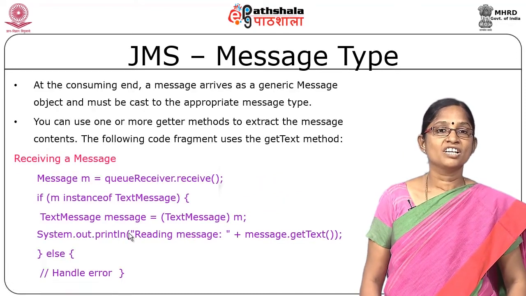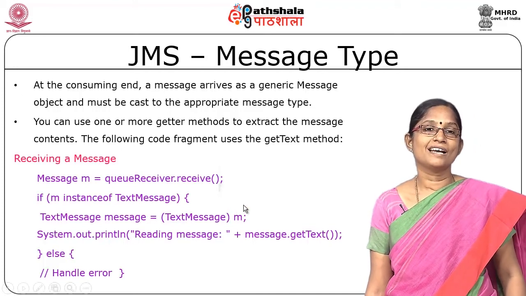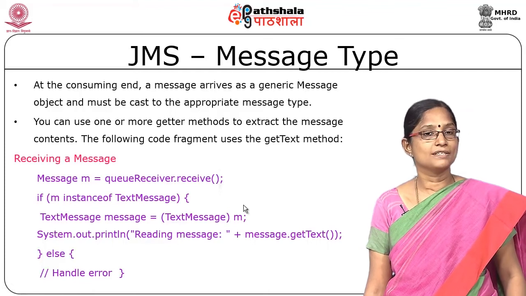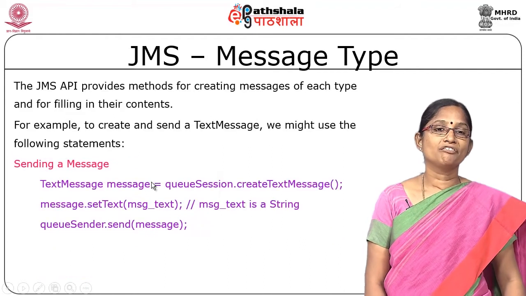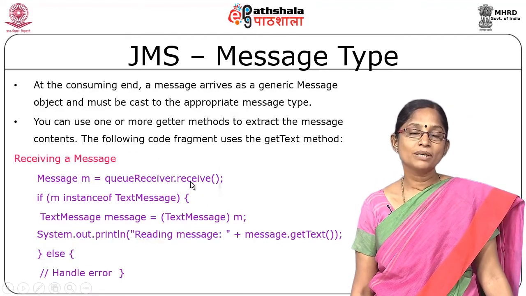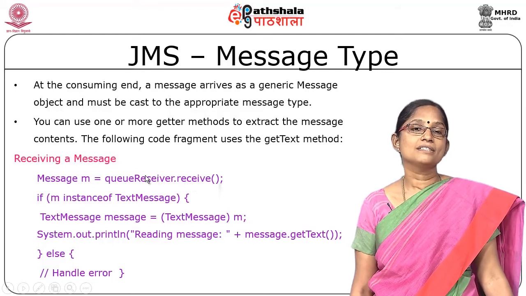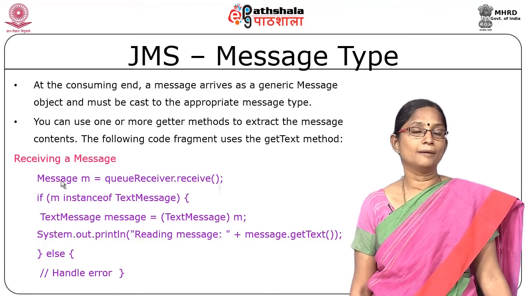Similarly, we can see how to receive the message also. At the consuming end, the message arrives as a generic message, then it has to be cast to the appropriate message type. So, here we can see that the counterpart of QueueSender is going to be the QueueReceiver. Over the QueueReceiver, the receive method has to be called. Once the receive method has been called, the handle is assigned to the m variable, where the m variable belongs to the Message data type.